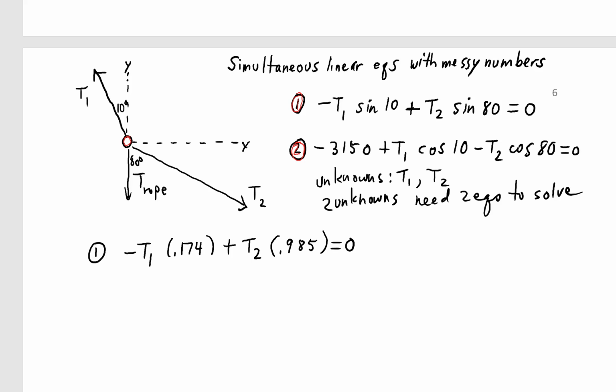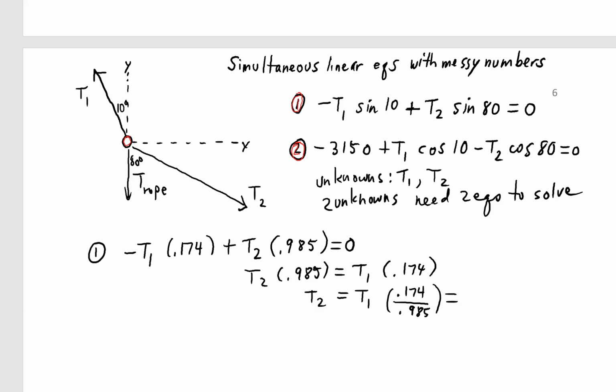Okay, then what I did was I solved T2 in terms of T1. So you move the T1 to the other side. And then you get T2 equals T1 times 0.174 over 0.985. And we can simplify to get T1 times 0.177.